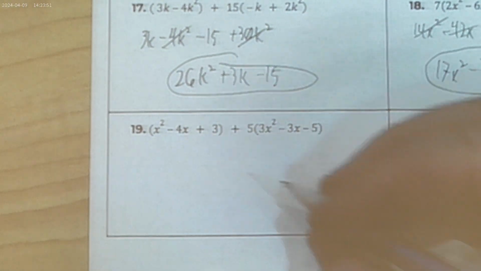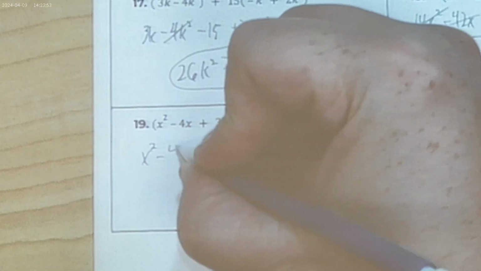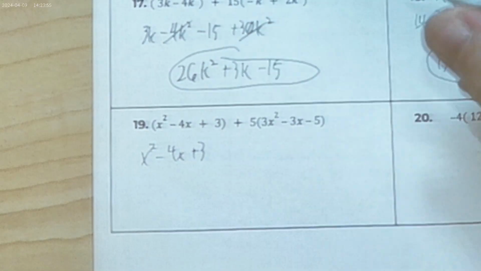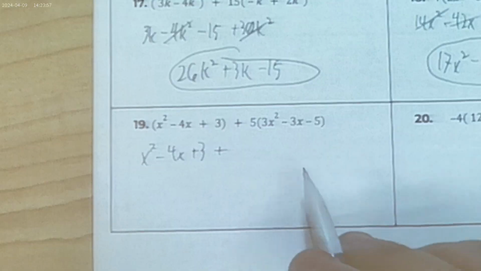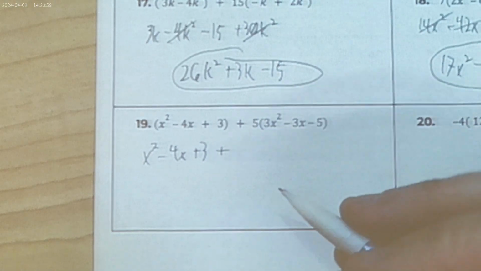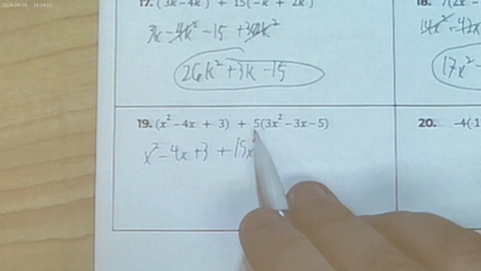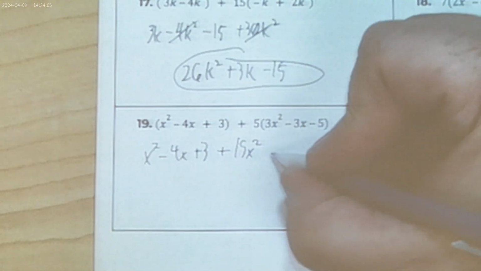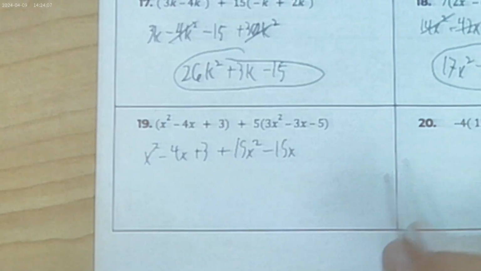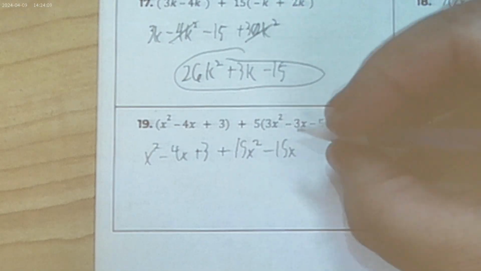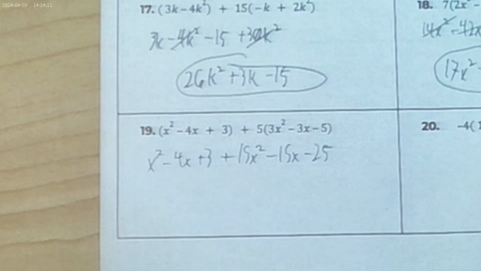Next one is x squared minus 4x. And then plus 5 times 3x squared is going to be 15x squared. 5 times negative 3x is negative 15x. Then 5 times negative 5 is minus 25.